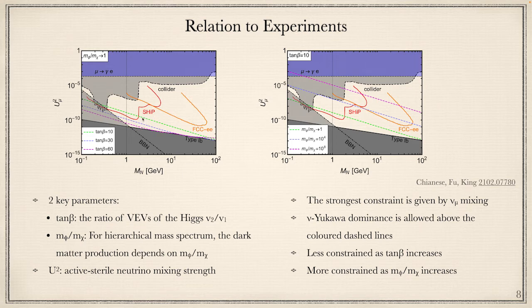As you can see, as tan beta increases, the dashed line moves downwards, which means the parameter space is less constrained. Well, on the right side, we fix tan beta to be 10 and increase the ratio of masses from 1 to 10 to the power 4 to 10 to the power 8. And in this case, the colored dashed line moves upwards as the ratio of masses increases, which means the parameter space is more constrained.